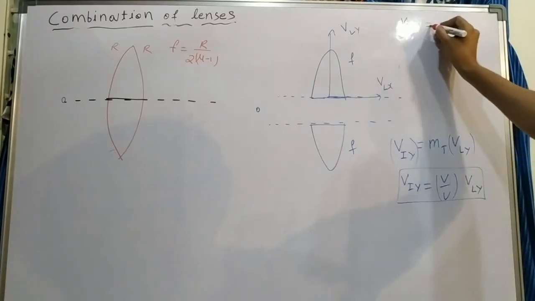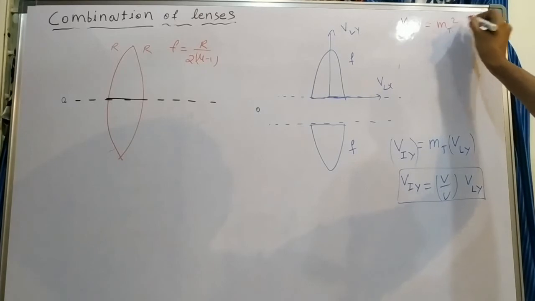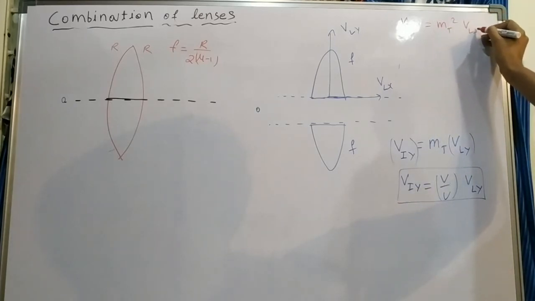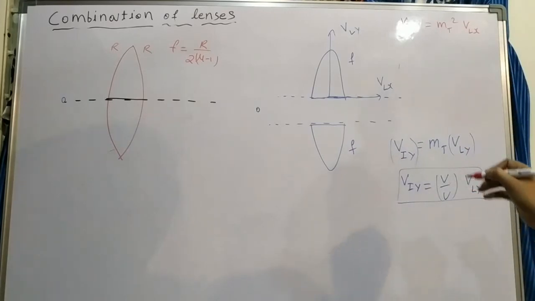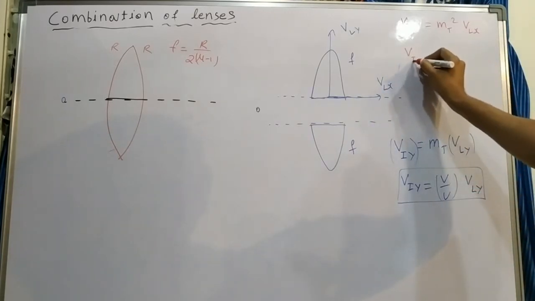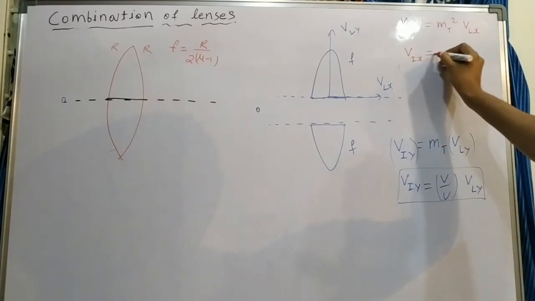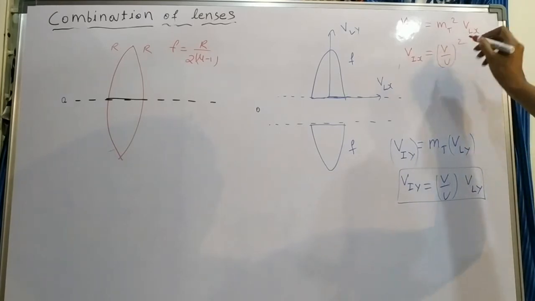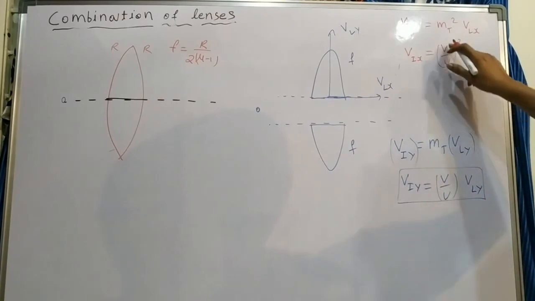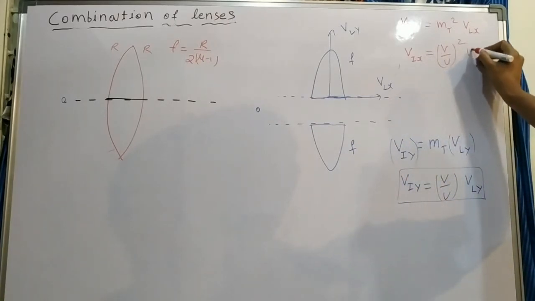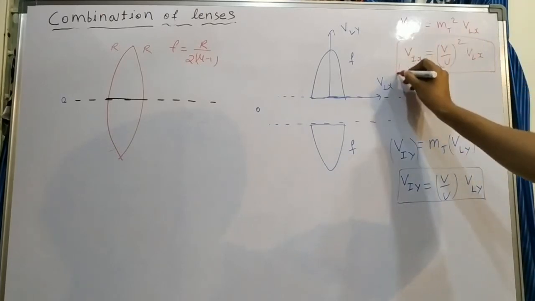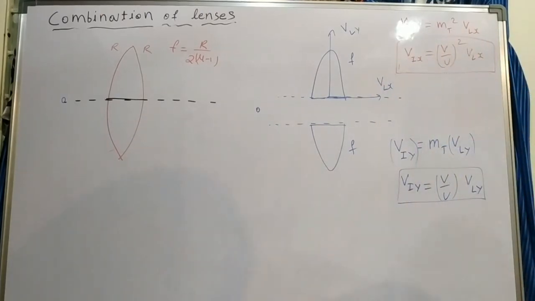So we can write MT square into the velocity of the object, nothing but here the velocity of the lens along the x-axis. So the velocity of the image along the x-axis is equal to (v by u) whole square, image distance and object distance, into VLX. Same formulas we discussed already.